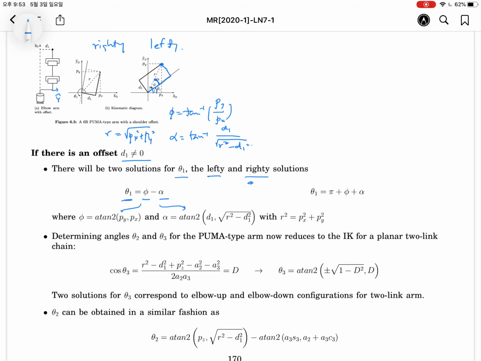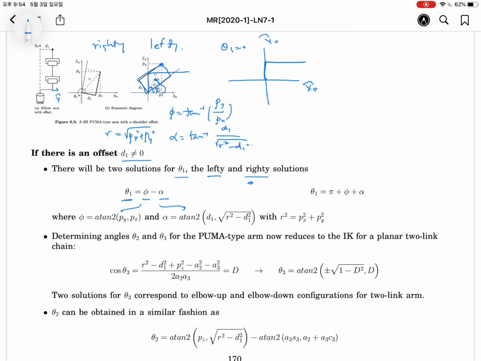It's not difficult. But in the case of the righty solution, we should consider more detail. From the zero lefty solution, as you know, theta 1 is 0. At that time, we have this kind of manipulator system, x0 axis, y0 axis. Is it right?